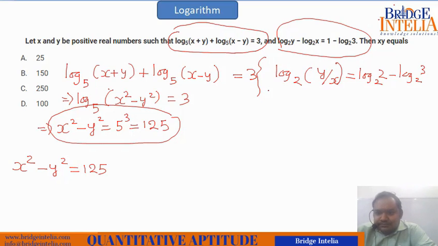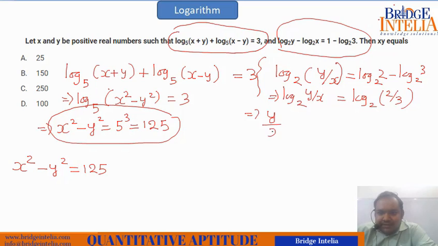You can do the same here. So from here y by x is equal to 2 by 3. So we have two pieces of information.